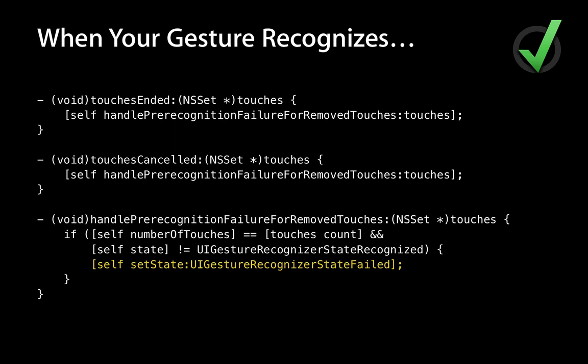That's not a circle anymore, and we need to tell the gesture recognizer system about that so that any gestures that are waiting for the circle recognizing gesture to fail are allowed to proceed. So here I've just said, okay, when all the touches end or all the touches have canceled, then go ahead and set this gesture recognizer's state to failed. It's no longer relevant. So there's two halves. There's when are you recognizing and when have you failed.